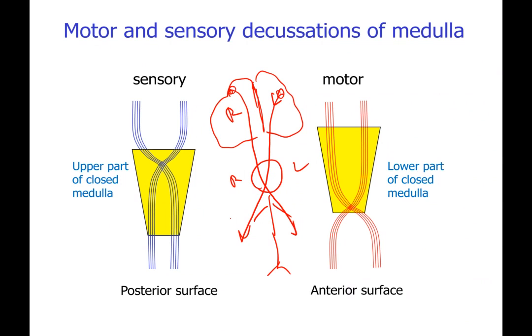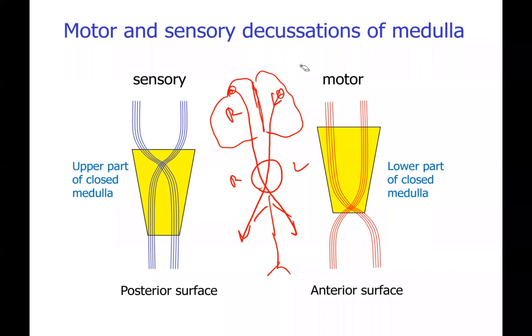When I say the left side controls the right side, this is called contralateral representation. Ipsilateral means the same side. Contralateral means the opposite side.